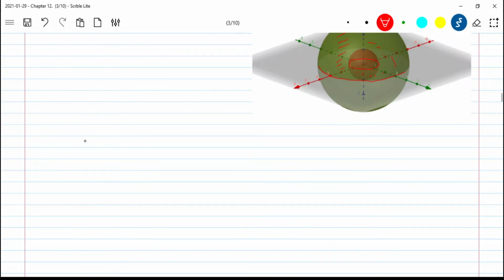Okay, for example, if they would have said x minus 2 squared plus z squared plus y minus 3 squared minus 5 equal to 0, and they ask you what is the radius and center of this sphere, then the center of the sphere, normally they use C to show the center, would be 2 for x, 3 for y first, then 0 for z.